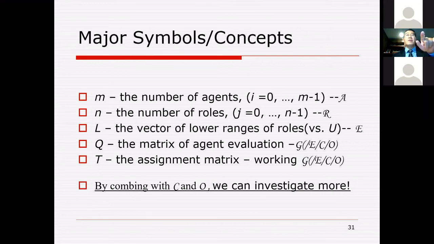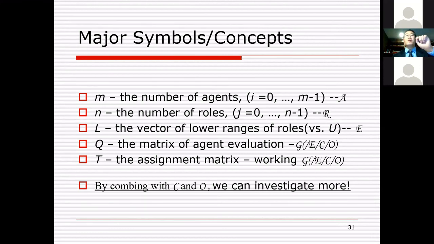This M in Ecargo and RBC we keep the same. M means the number of agents in a group. N means the number of roles, how many positions you want to set up in a group. L means for each position, how many people it needs. For example, if you want to carry a heavy piano, you need at least 4 strong people to carry it. That is the least number for L.